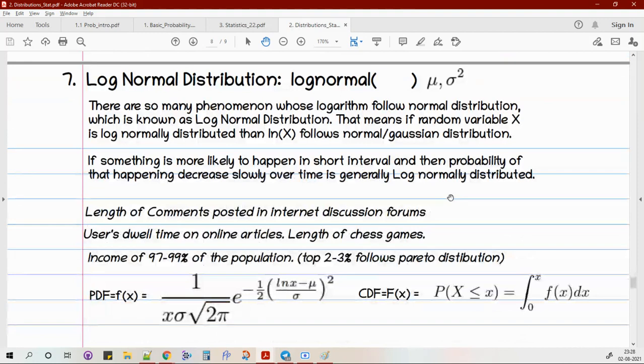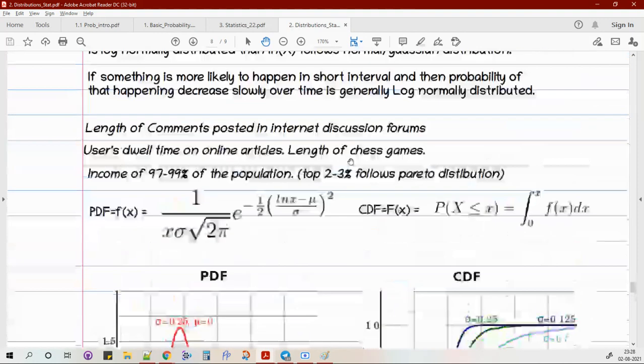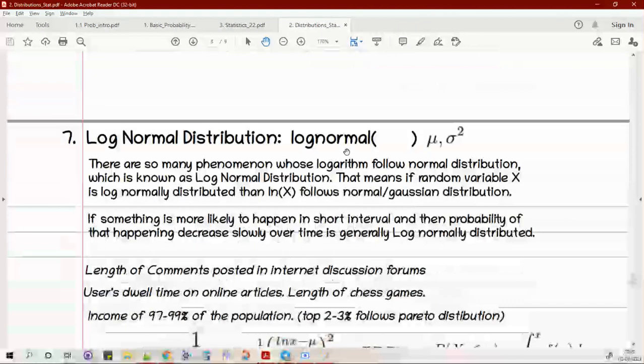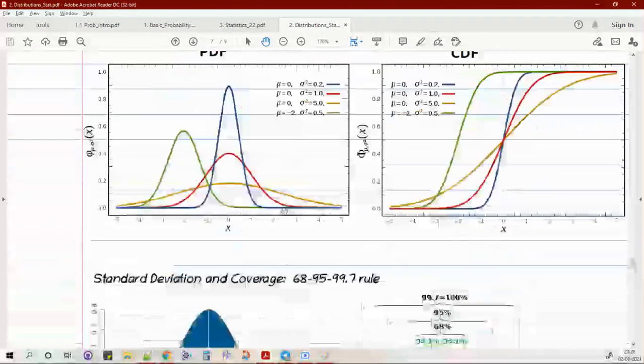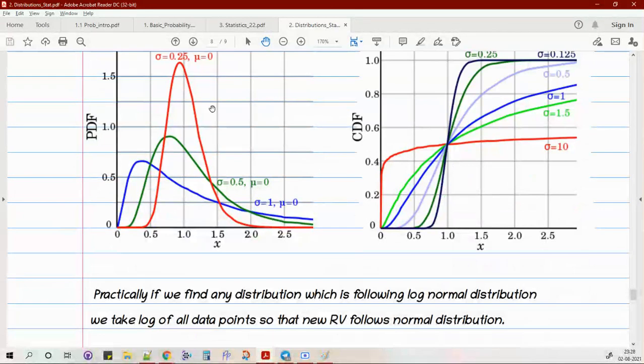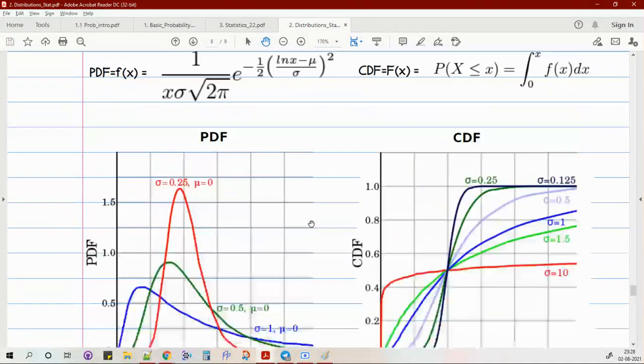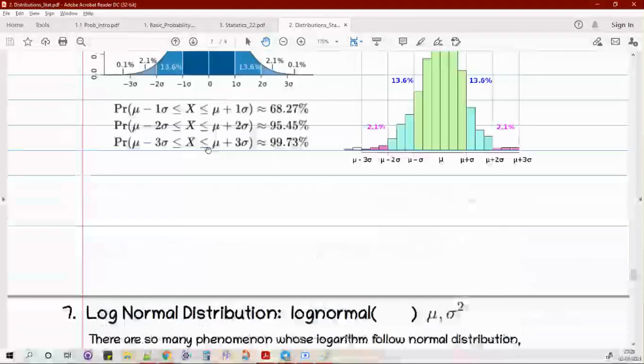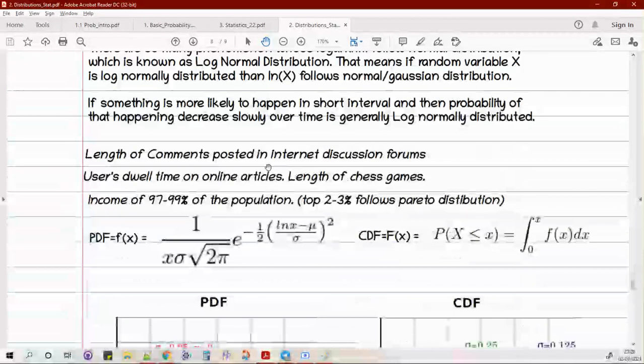Okay. Log normal distribution is kind of an improvement on the normal distribution, because every time you want to see a perfect or symmetric distribution in the case of the normal distribution.